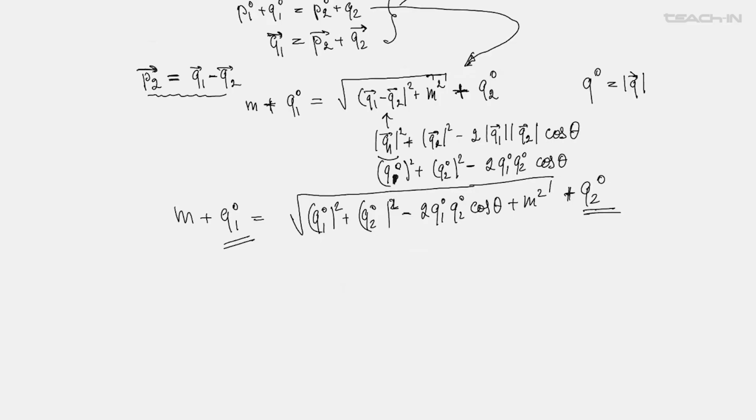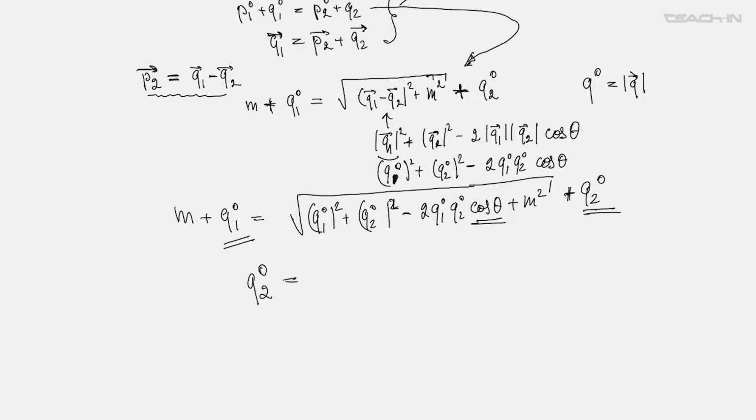So after some algebra, what you need to do is put Q20 to the left, then take a square, write the equation for Q20 and solve it. And when you do this manipulation, please do it yourself, you will find that Q20 is related to Q10 by the following formula.